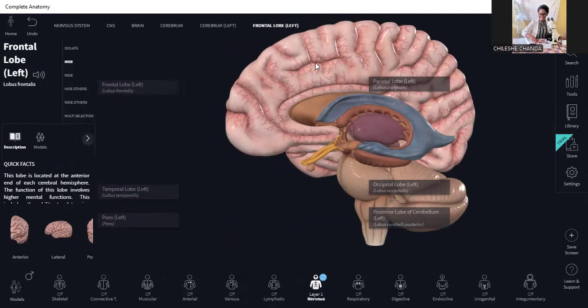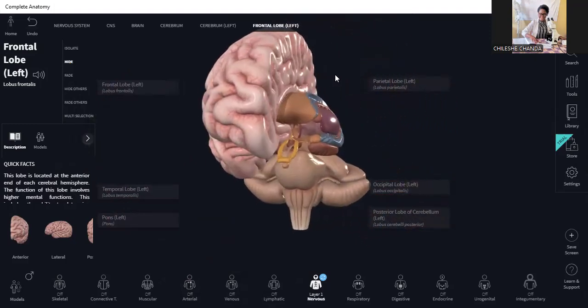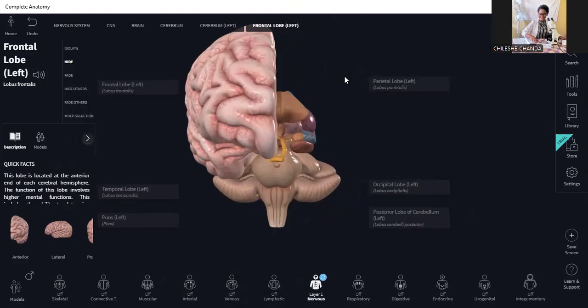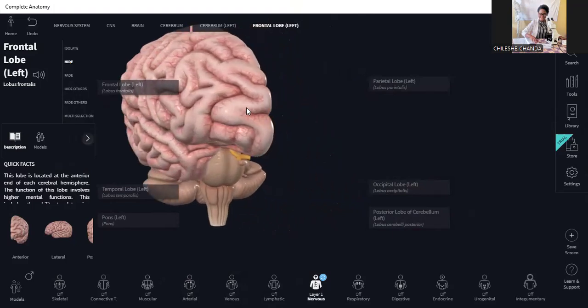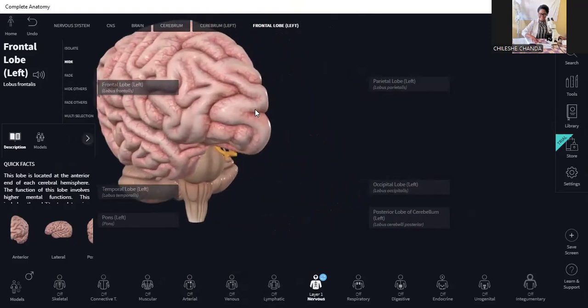We will also discuss some of the features that you're going to see on each hemisphere. One of those features is that each hemisphere is divided into 4 lobes, and each lobe has surface projections and sulci. These surface projections or convolutions are known as gyri. This is a gyrus, this is a gyrus.